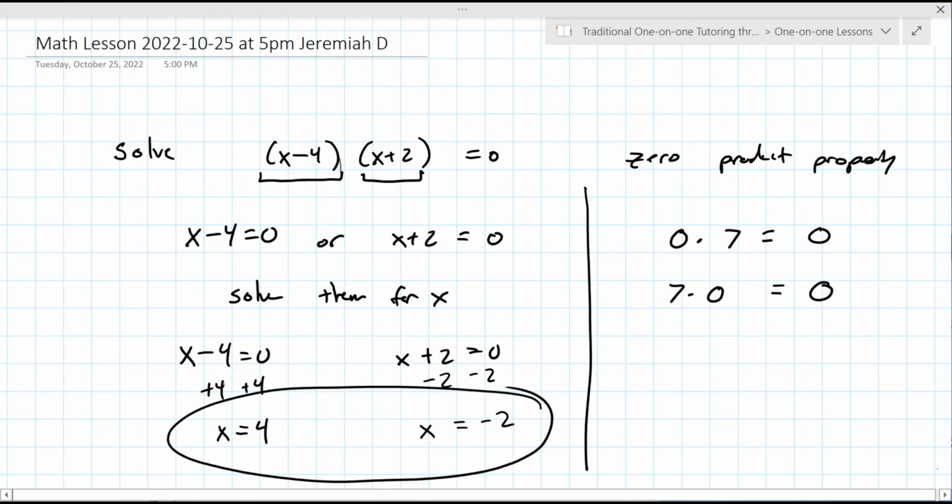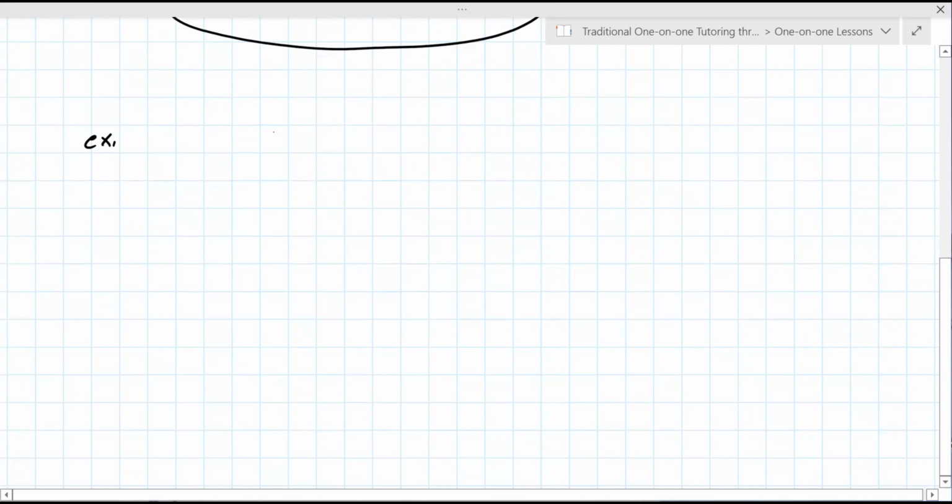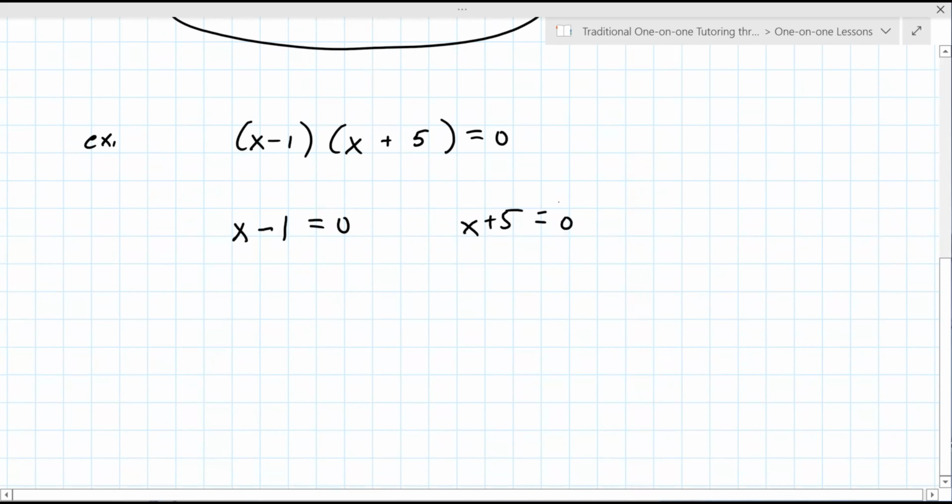Okay, so let's try another one here. Let's say I give you a problem. I tell you that it's x minus 1, x plus 5 equal to 0. So you're going to set each factor equal to 0. So you're going to set x minus 1 equal to 0, and then x plus 5 equal to 0.